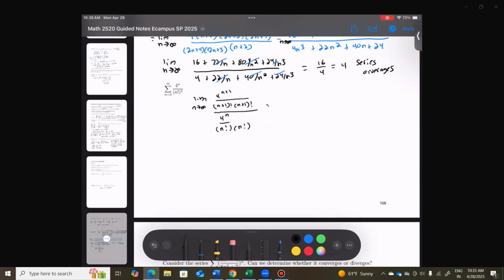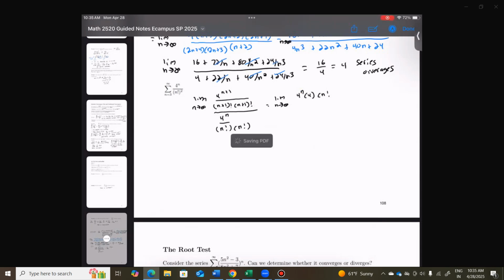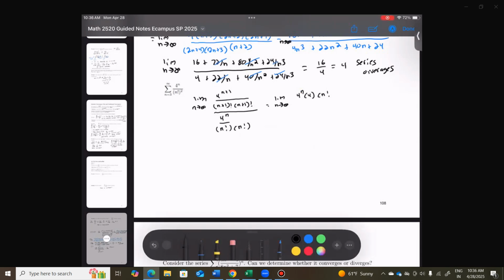Okay, so for the limit as n goes to infinity, 4 to the n times 4 times n factorial times n factorial over 4 to the n times n plus 1 factorial times n plus 1 factorial. Oops.